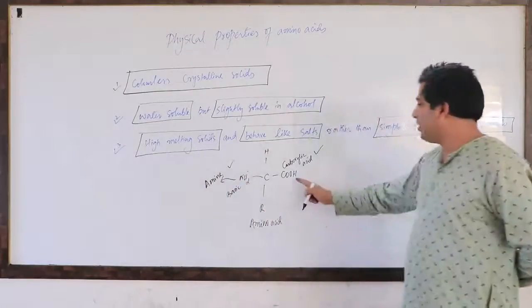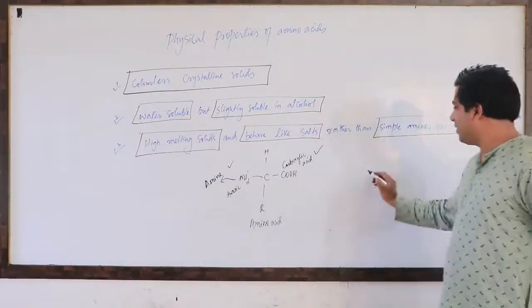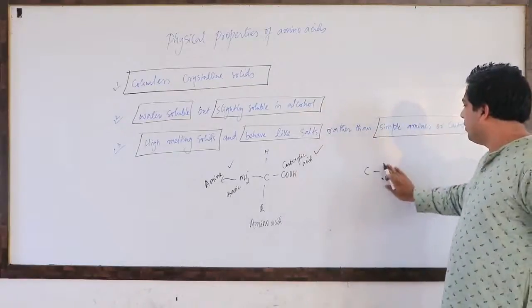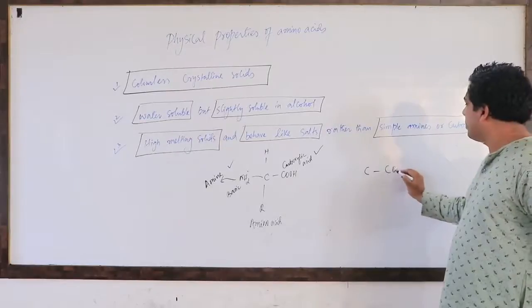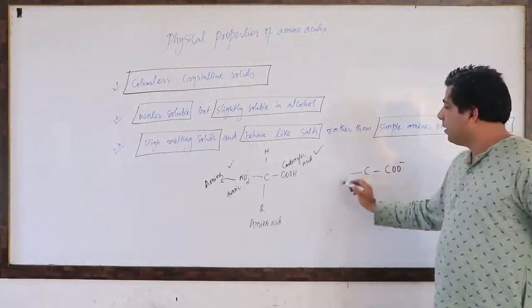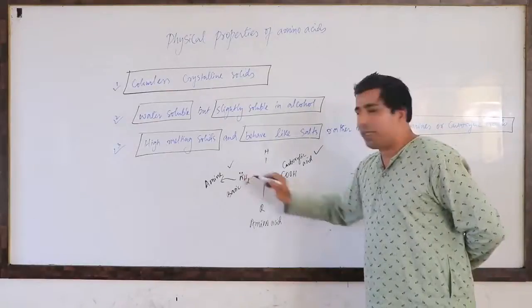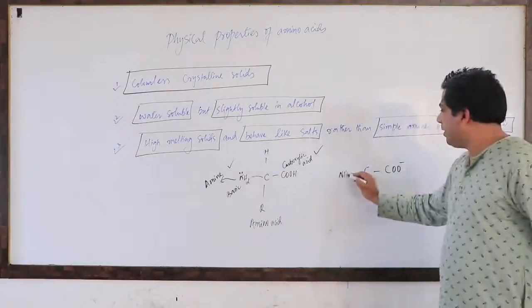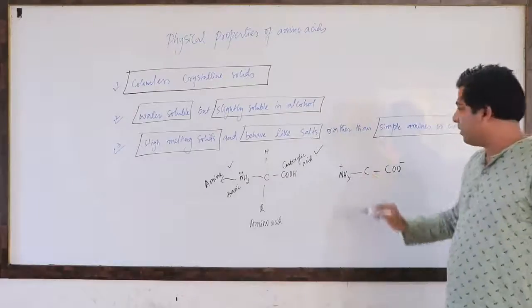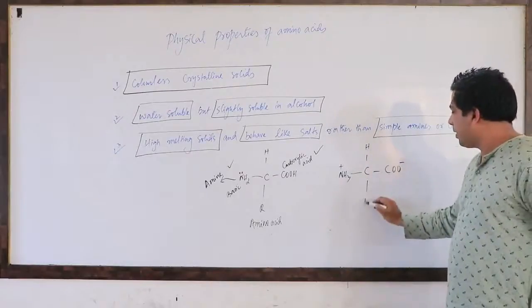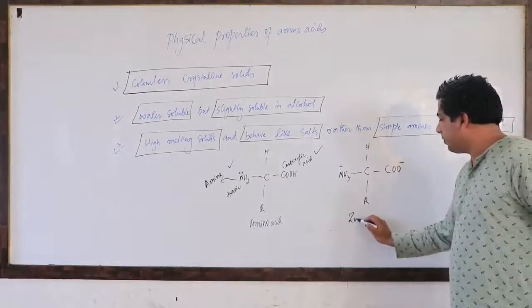So this carboxylic group can donate H plus. Last time I told you, it will donate H plus and change into COO minus. This NH2 group with a lone pair can accept H plus and change into NH3 plus. Now this is your zwitterion.